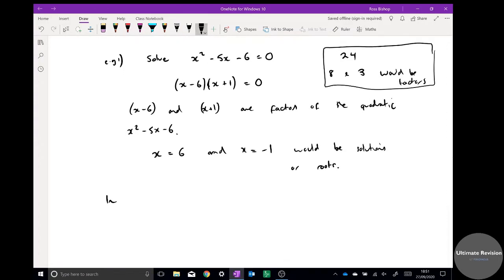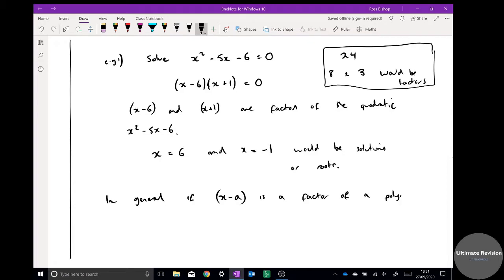Now, in general, if x minus a is a factor of a polynomial, and a polynomial is a quadratic or a cubic, anything in this form where you've got x's, then f of a will equal 0, and a will also be a root of the polynomial.